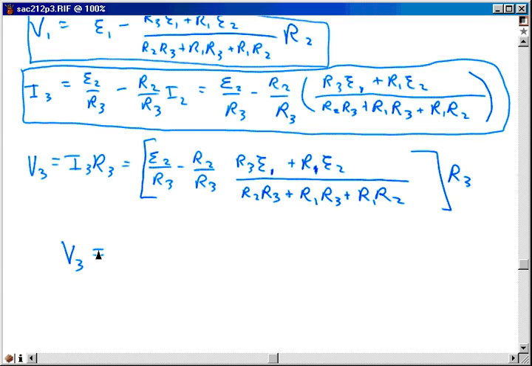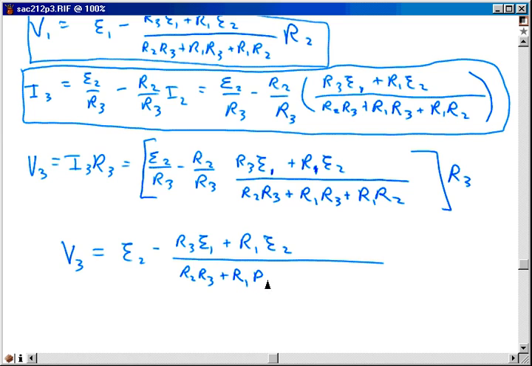So V3 is E2, minus, and I'll put the R2 on the other side, R3 E1 plus R1 E2, all divided by R2, R3 plus R1, R3 plus R1, R2, all times R2 out here.